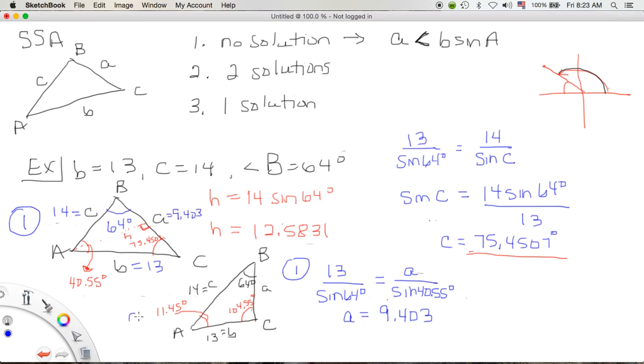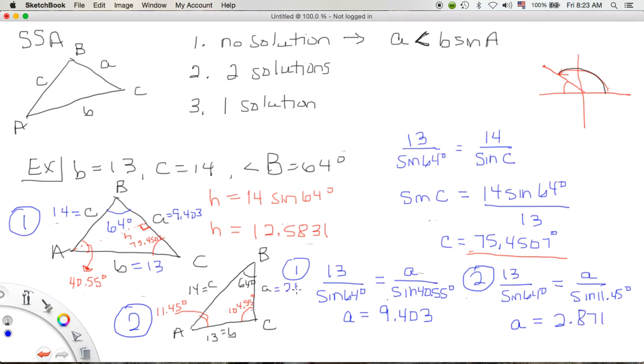And then for this triangle here, our second possibility, we get 13 over the sine of 64 degrees equals a over the sine of 11.45, use that other angle this time, and we get a is 2.871, so a is much shorter this time, obviously, since the angle across from it is smaller.